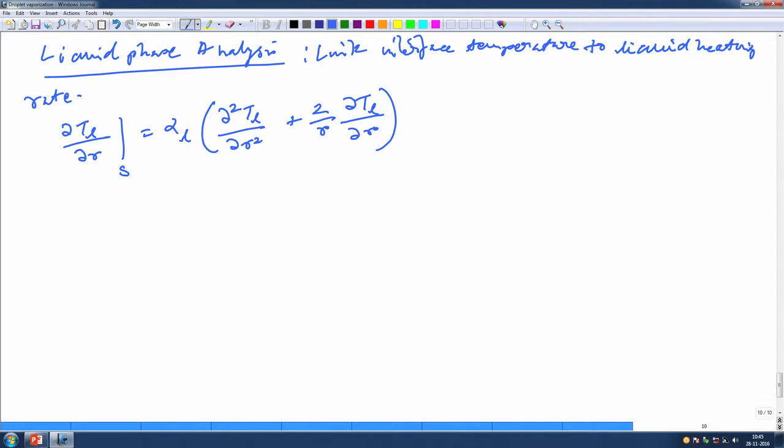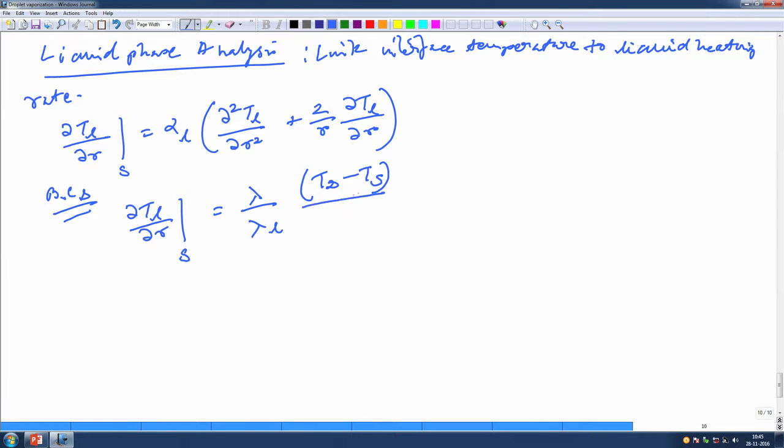So we have to somehow link the two. So the boundary conditions, and you can show this. Got it?